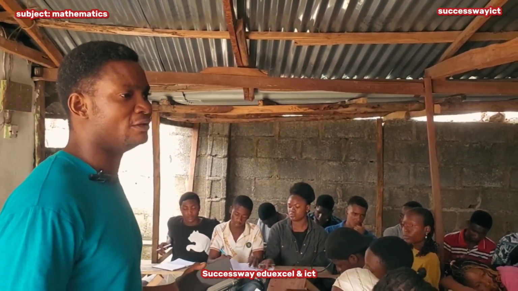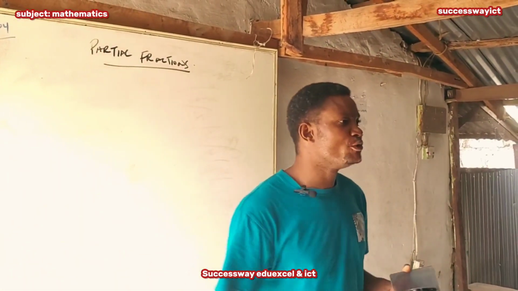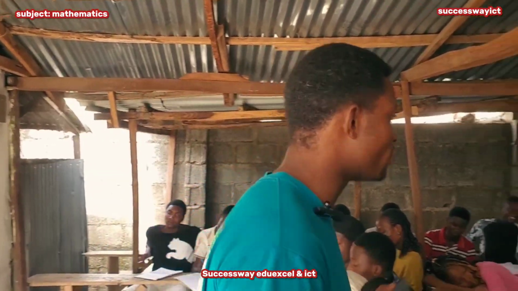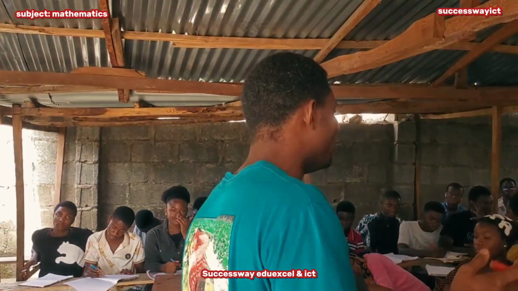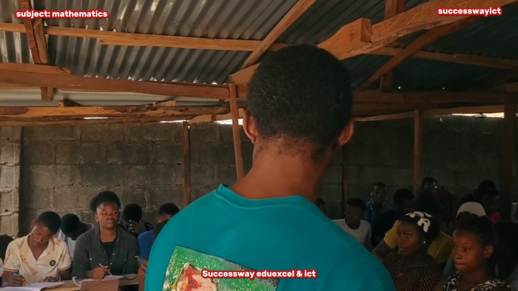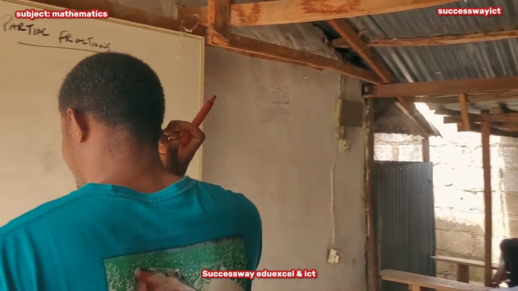Splitting down a fraction. Since we know that it is not solvable, what we do is we split it down into solvable fractions. Are we together? All right, so let's look at this example.